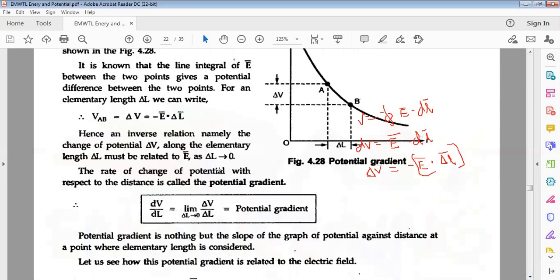So the rate of change of the potential with respect to the distance, that is, the rate of change of potential dV with respect to the distance dl, is called the potential gradient.